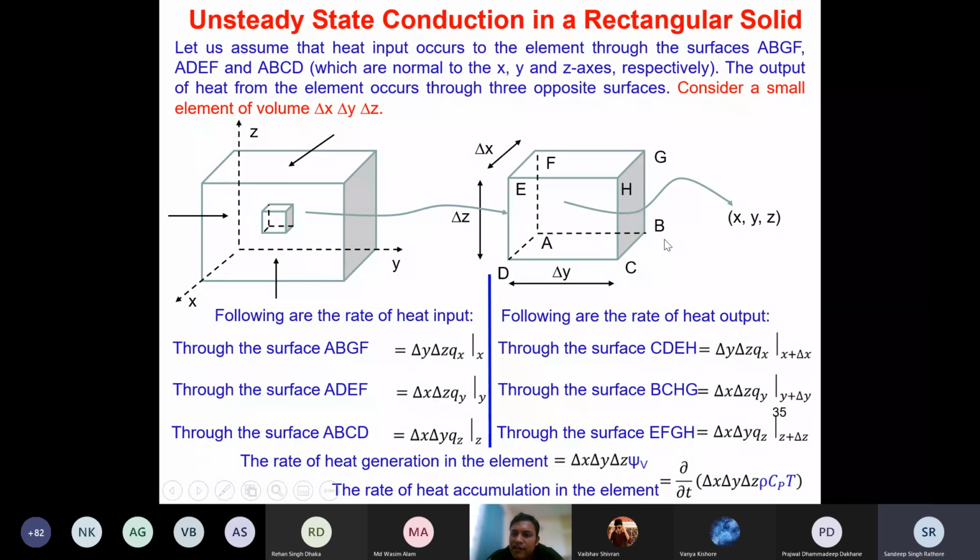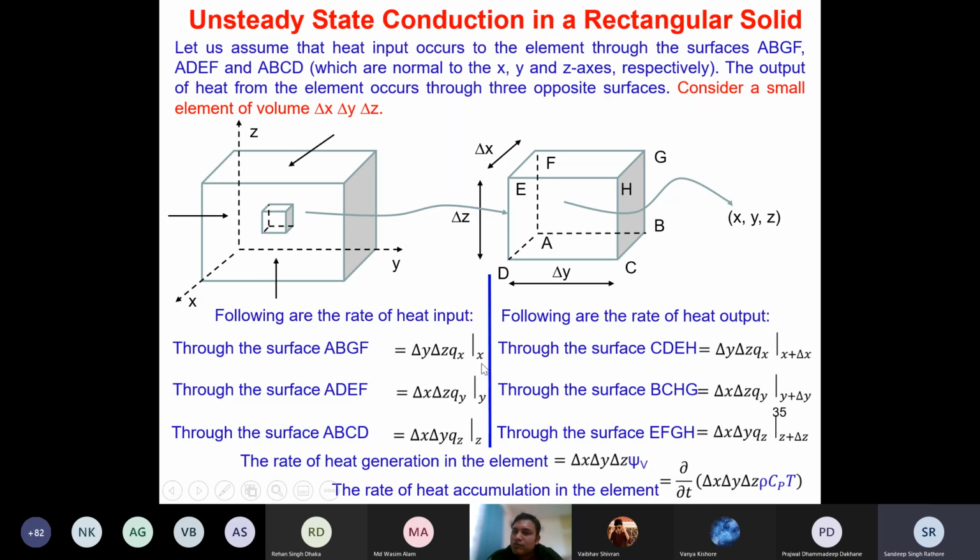The cross-sectional area will be delta Y and delta Z. This is multiplied by the heat flux which is coming through the face ABGF, that is nothing but Qx at the location x. Is it clear to everyone?